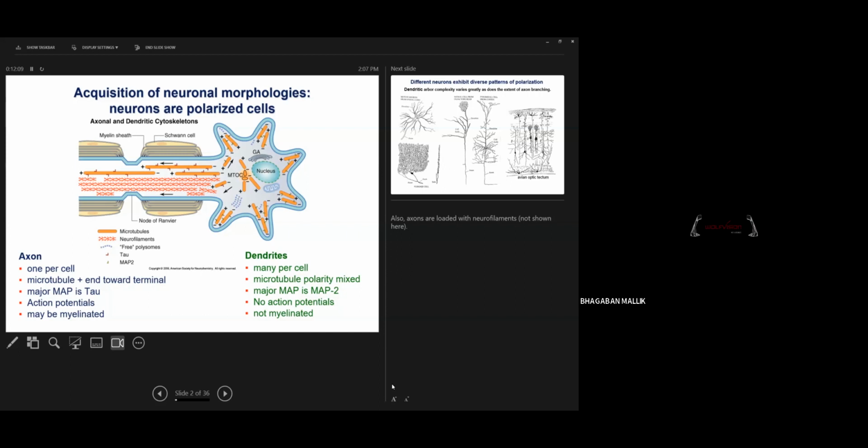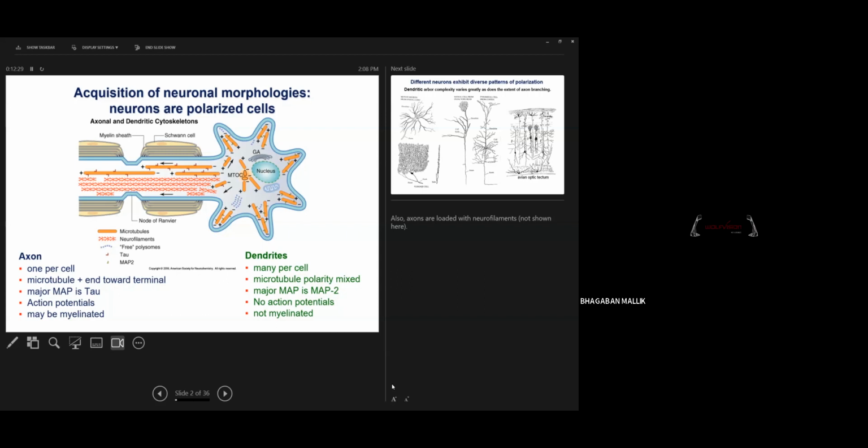In the cell body, you have the nucleus, and these microtubules are randomly oriented. Here in the axon the polarity is regular, with the plus end towards the axon terminal, but in the cell body they are randomly arranged: you have the plus end towards the cell body and the minus end towards the dendrite. It's not regularly arranged like in the axon.